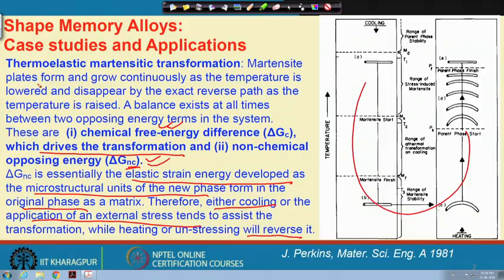And now, we can always ask, what do we mean by a non thermoelastic martensite? Actually, the basic feature of a thermoelastic martensite is that it forms and grows continuously with decrease of the temperature. But in case of a non thermoelastic martensite, there is a growth burst.